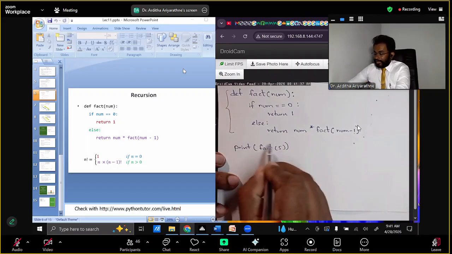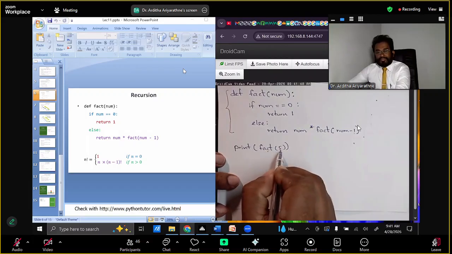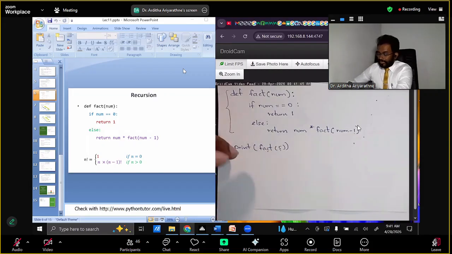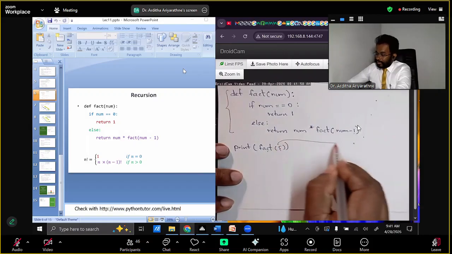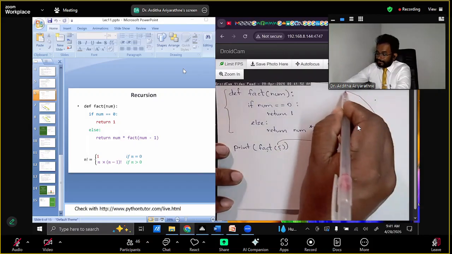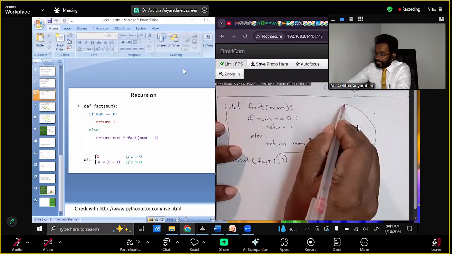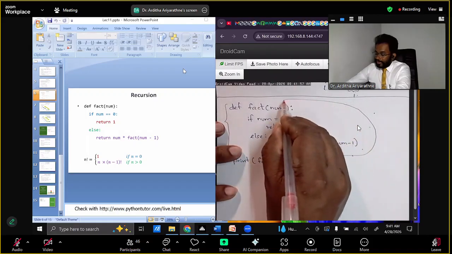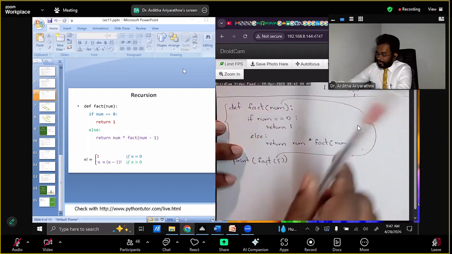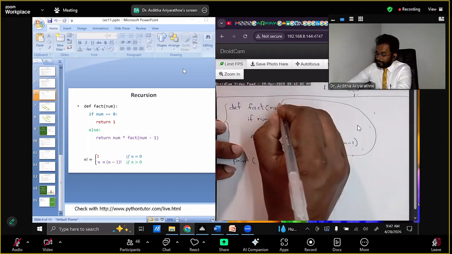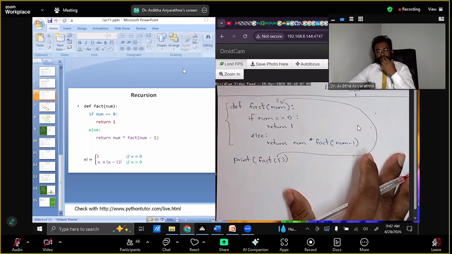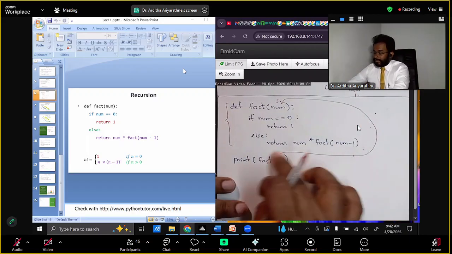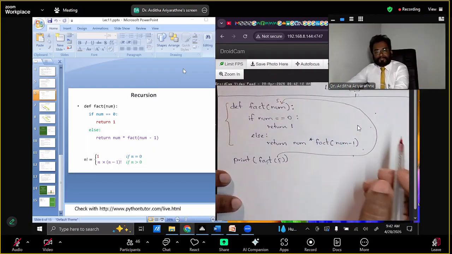Inside the print, we are calling the function with the value that we want. What is the value that we want? It's 5. Now, once we call this, it directly goes to here with the value of 5.